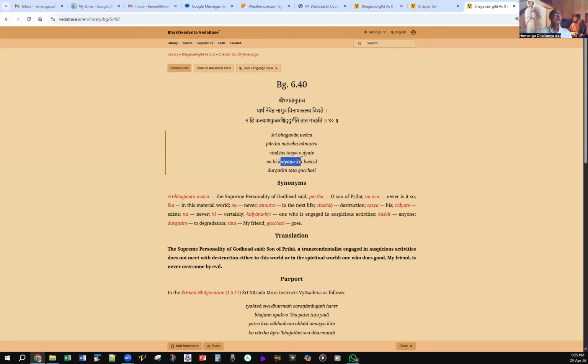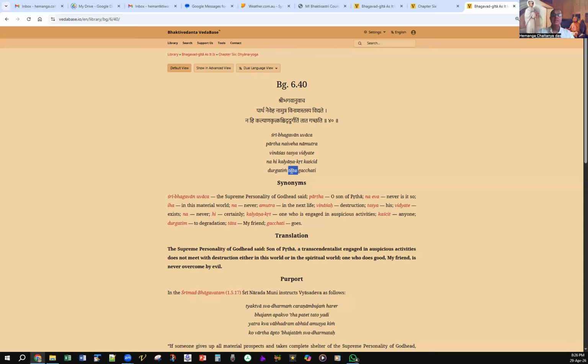So no matter what happens, na durgatim. Tat refers to "my dear friend." Tat is a very intimate, very loving address of Krishna for Arjuna. You must have heard it in the B.R. Chopra Mahabharata: "Hey Tat." Tat refers to my dear son, my dear friend.